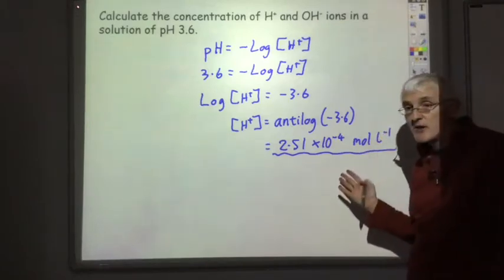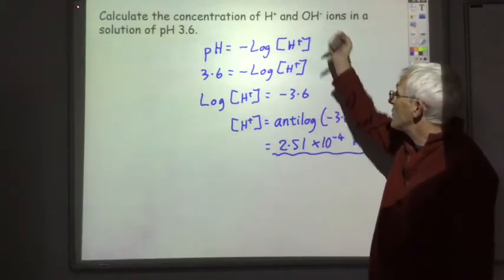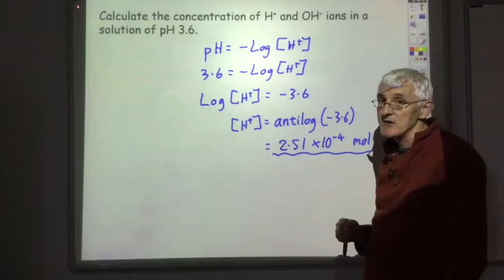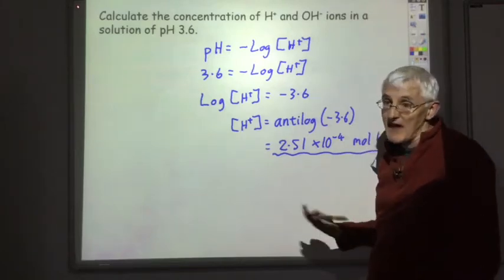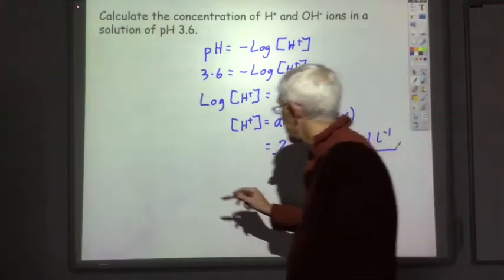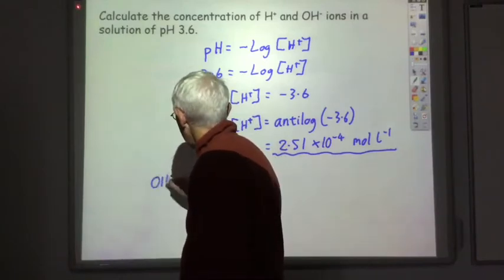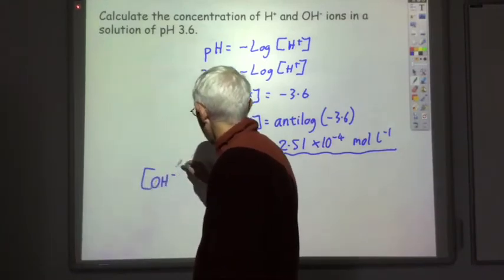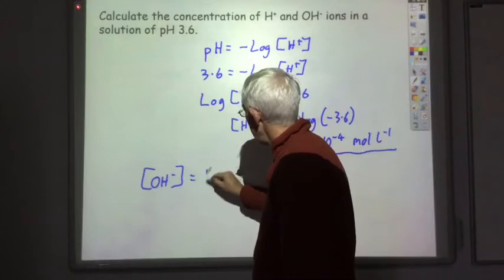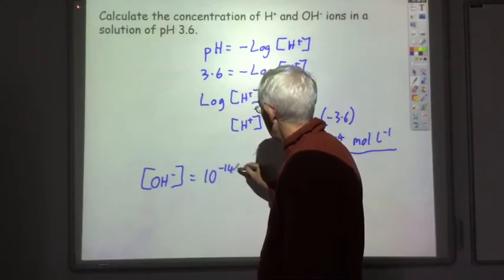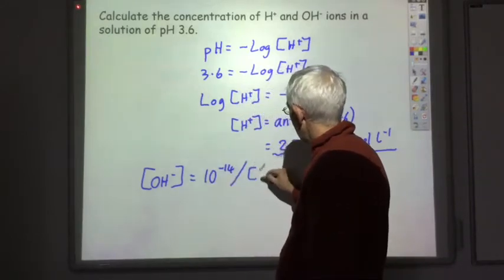Okay, that's only half the question though. We also had to work out the hydroxide ion concentration, and for that we're going to use the ionic product. So the hydroxide ion concentration is going to be 10 to the minus 14 divided by the hydrogen ion concentration.